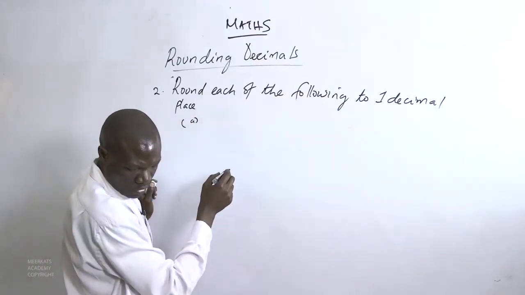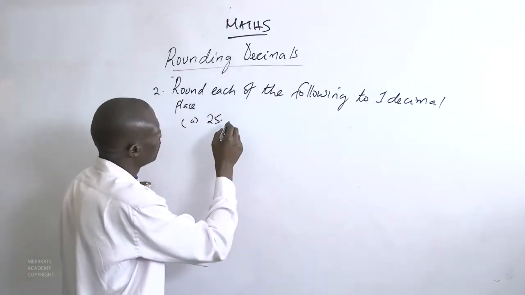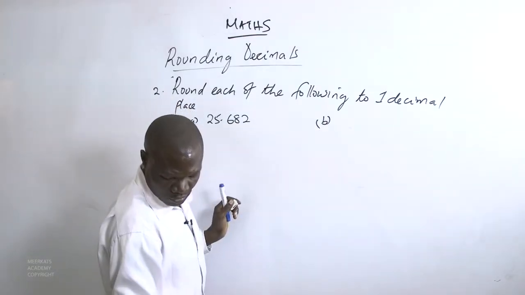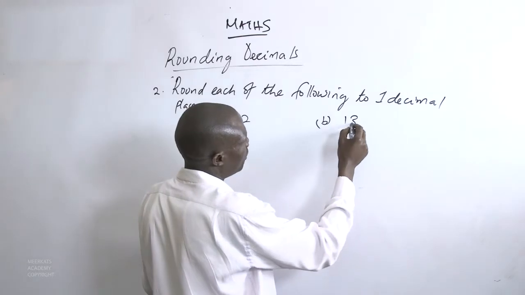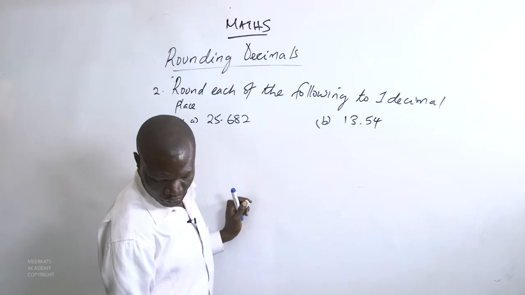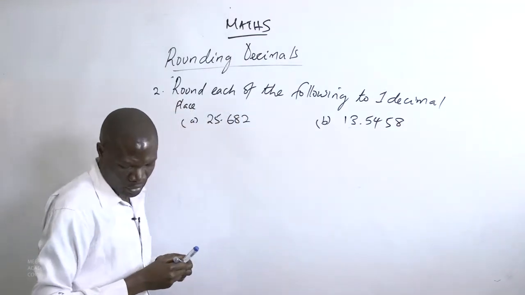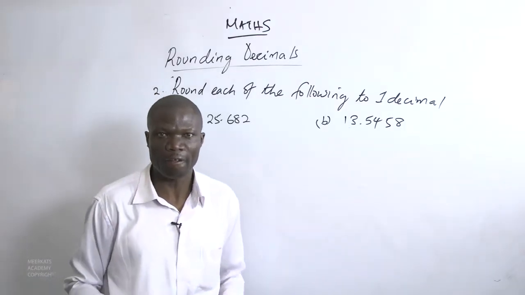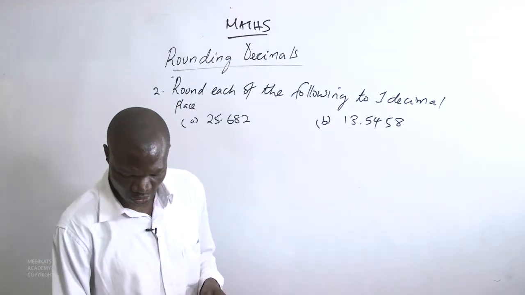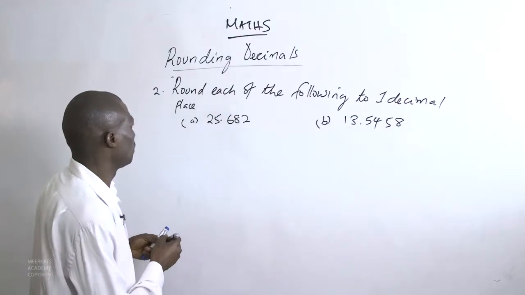A we have 25.682, B we have 13.5458. So we are required here to round off these numbers to one decimal place.